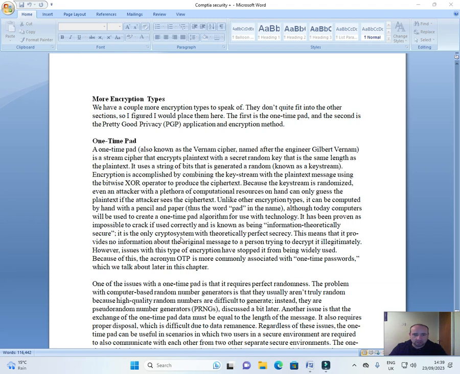It is the only crypto system with theoretically perfect secrecy. This means that it provides no information about the original message to a person trying to decrypt it illegitimately. However, issues with this type of encryption have stopped it from being widely used. Because of this, the acronym OTP is more commonly associated with one-time passwords, which we talk about later in this chapter.